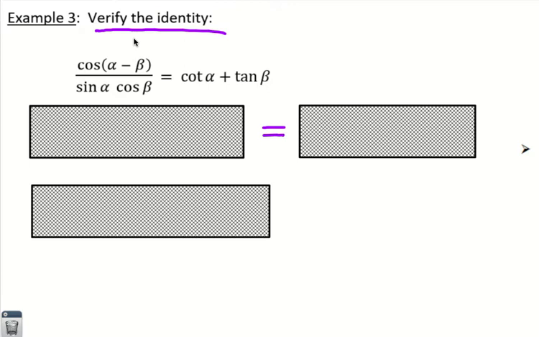Alpha and beta are just two other Greek letters we can use as variables. This could have said x minus y. It doesn't make a difference, just different variables. You've been doing this ever since 7th grade or so; it doesn't matter what the variable is.